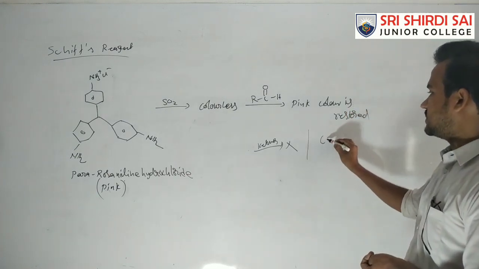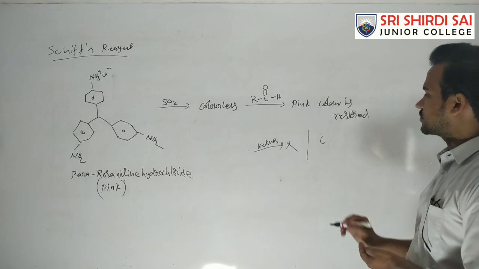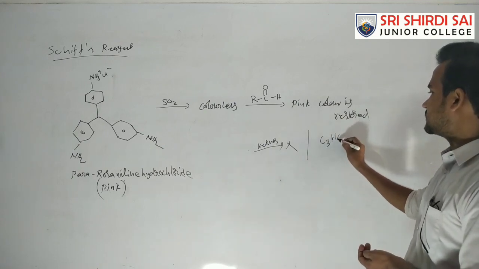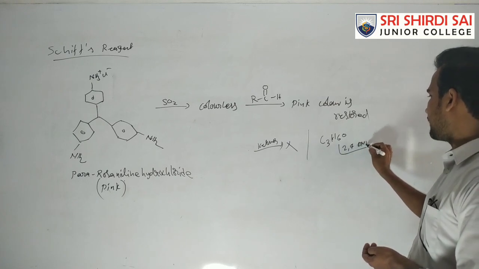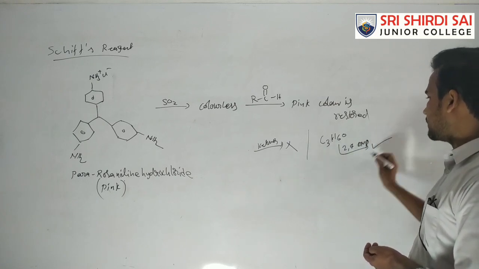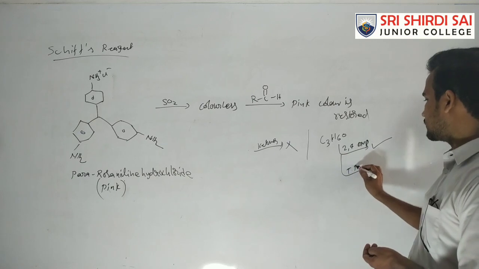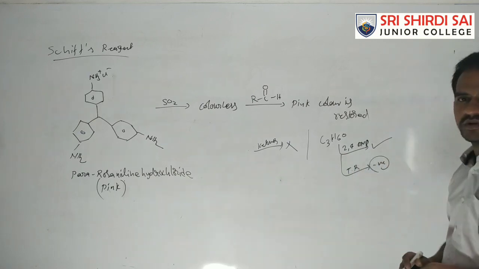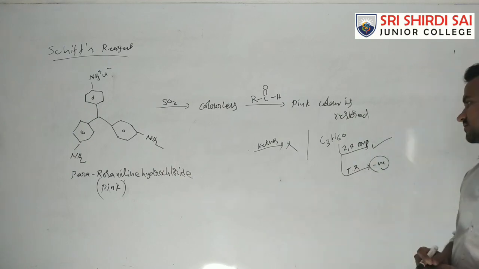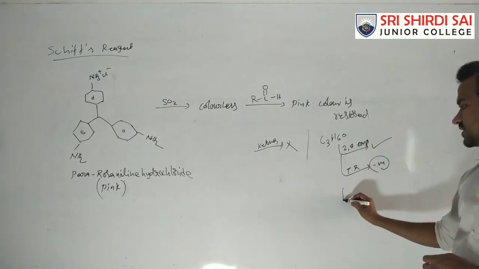Suppose here C3H6O gives a positive 2,4-DNP test and a negative Tollens reagent test. There is no reaction with Tollens reagent.